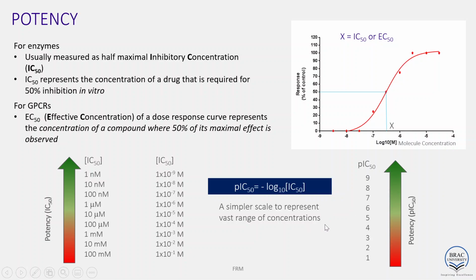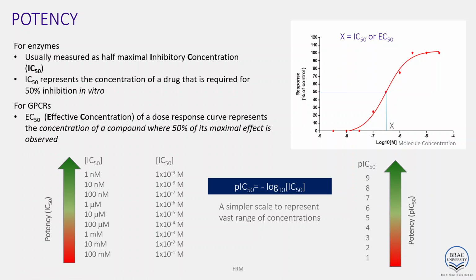This scale is generated by converting the values on the left side into a logarithmic scale, or log value, so it is easier to understand. It is a simple scale of potency. If the value of potency is 1 on this logarithmic scale, then it is not safe. The higher the value, the safer it is on the log scale.